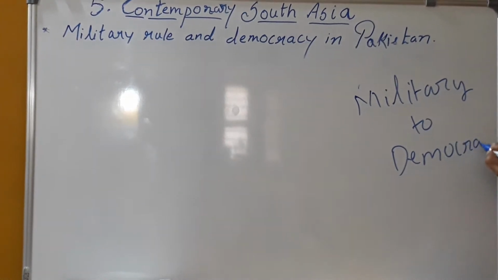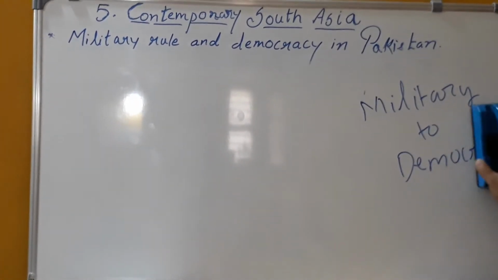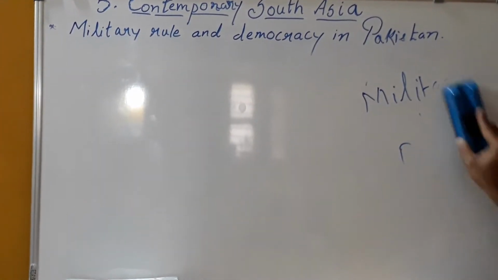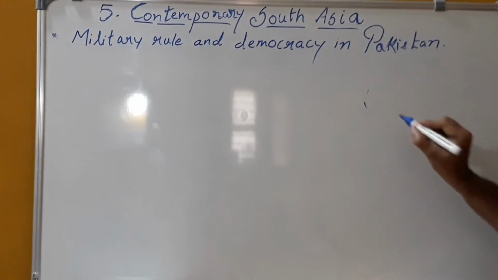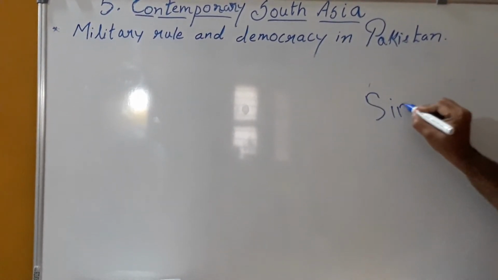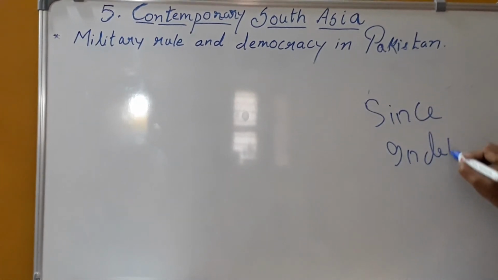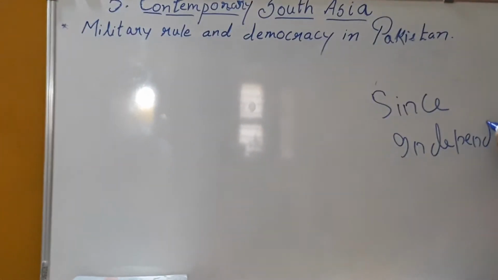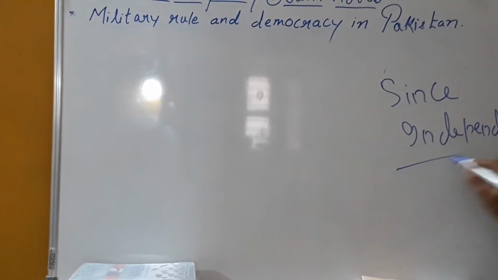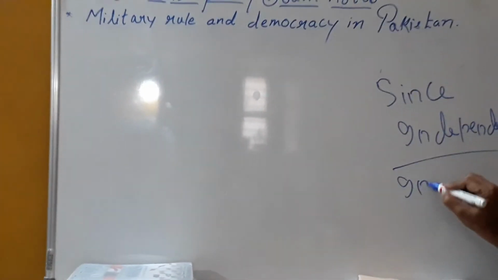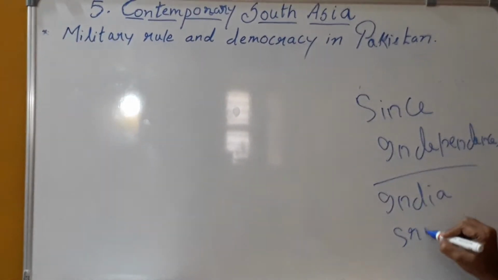And I do remember in the last class we discussed how India and Sri Lanka are the only countries which have remained democratic from the very inception. As soon as they got independence, they never turned back to an authoritarian regime, isn't it? So I'm talking about South Asia. In South Asia, there is no other example which continued since independence as a democratic regime.